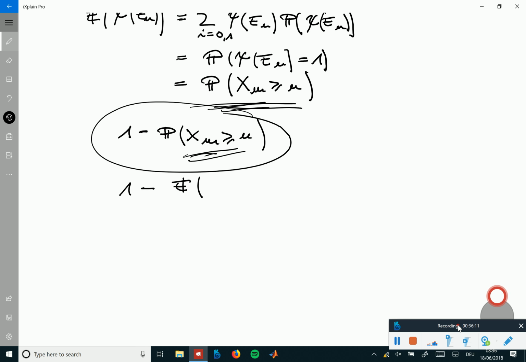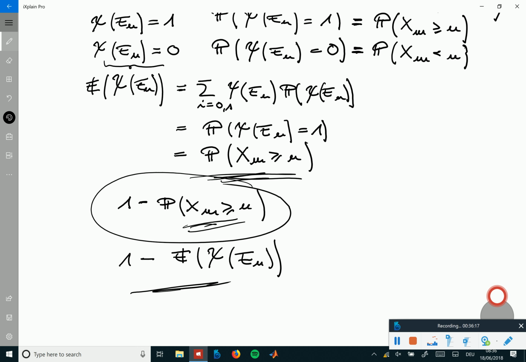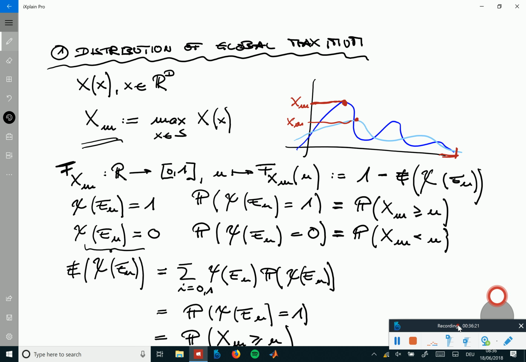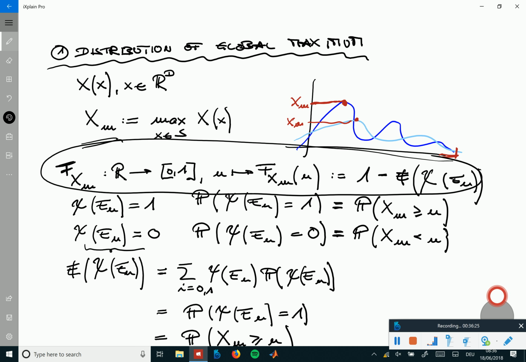So that's the heuristic argument to come up with this distribution function. And this argument only works if the threshold is so high that the Euler characteristic is either 0 or 1. In a different scenario, this whole thing doesn't apply.